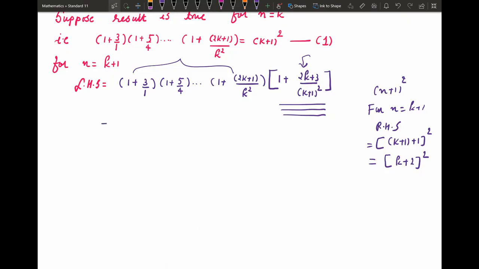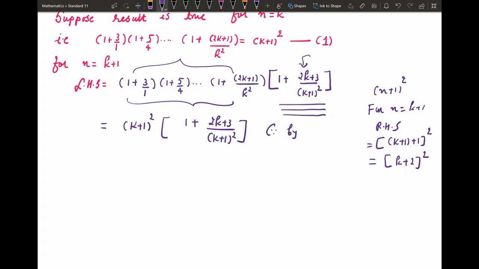So now use result 1: put the value of the multiplication of the first k terms, (k plus 1) whole square, times (1 plus (2k plus 3) upon (k plus 1) whole square). We give the reason by result 1.